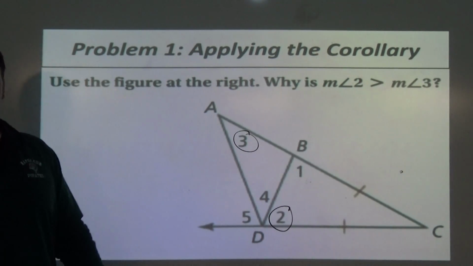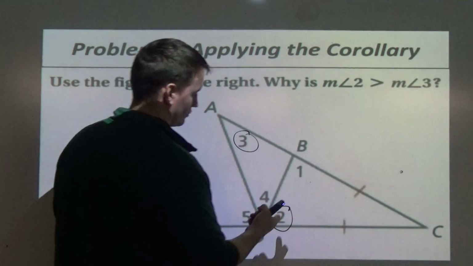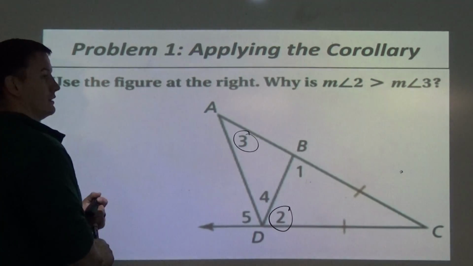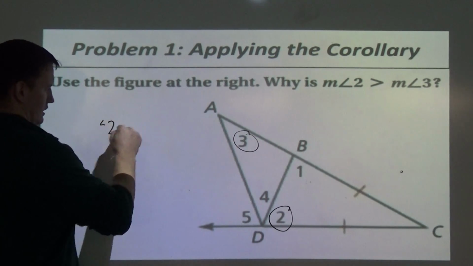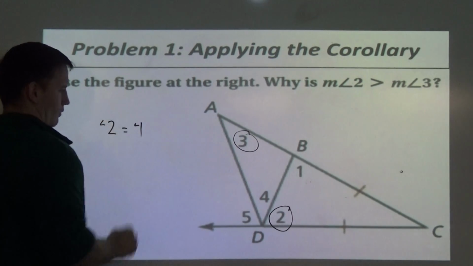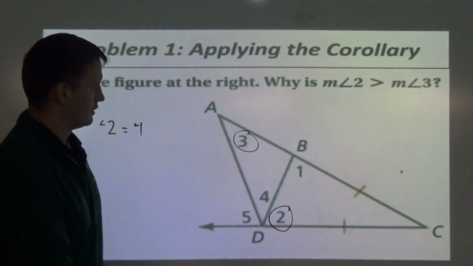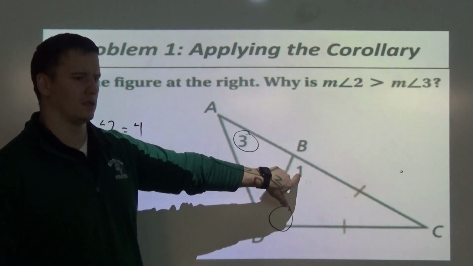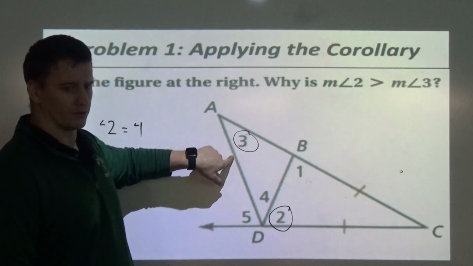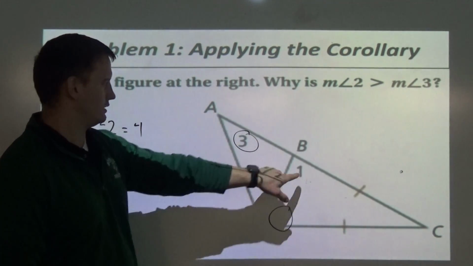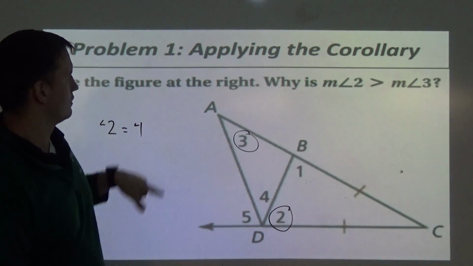Well, we know by the isosceles triangle theorem that angle 2 is equal to the measure of angle 1 because the sides opposite them are equal. Well, angle 1 is an exterior angle to angle 3, so these are remote interior angles for this. So, why?